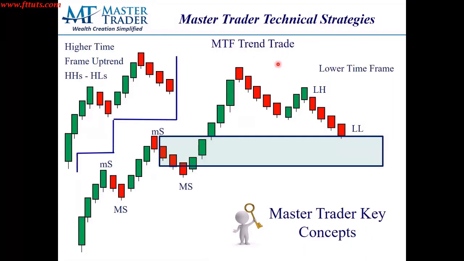Multiple time frame trend trade. What I'm showing you here is a higher time frame, which is still making higher highs and higher lows, and the higher time frame is pulling back. This could be a weekly. And then on the daily, which has had a move, maybe it got a little extended here, it begins to pull back, makes a lower high and a lower low.